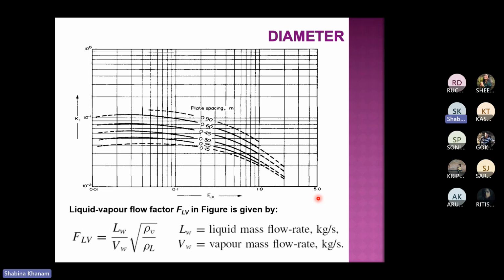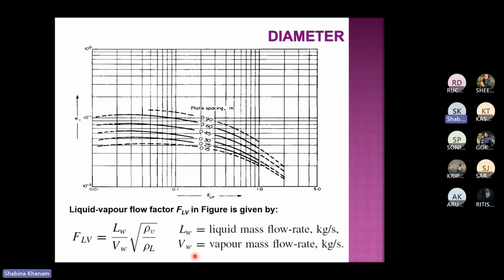So this diameter will depend on the location where the plate is available, because if you consider LW and VW, these flow rates are different for rectifying section and for stripping section. So you may have different FLV value.